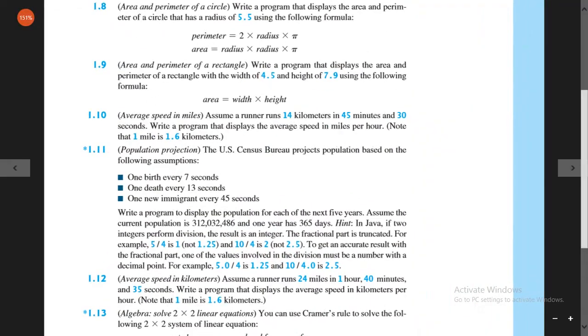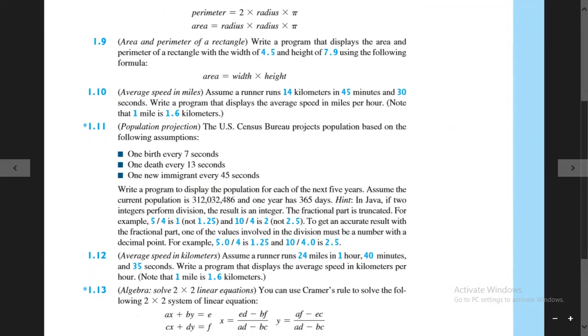We're doing exercise 11, which seems to be the most interesting one out of all the ones we've done up to this point. It's called the population projection. The US Census Bureau projects population based on the following assumptions: 1 birth every 7 seconds, 1 death every 13 seconds, 1 new immigrant every 45 seconds.